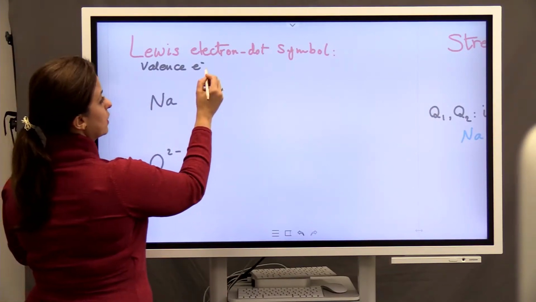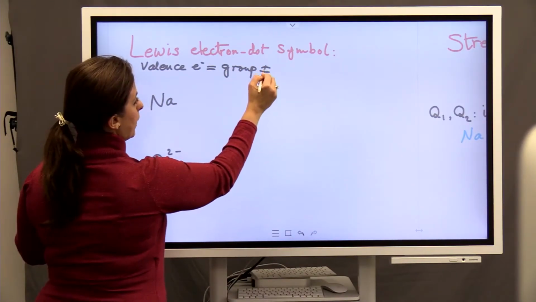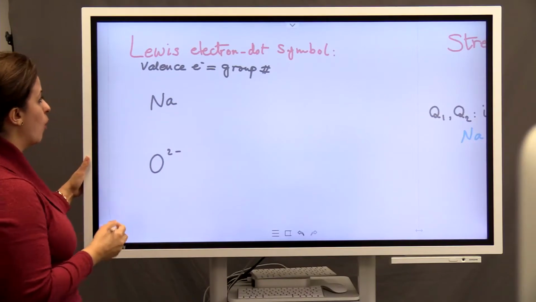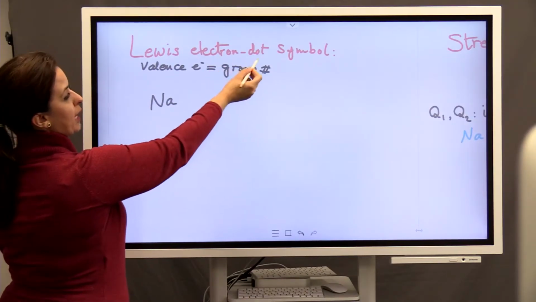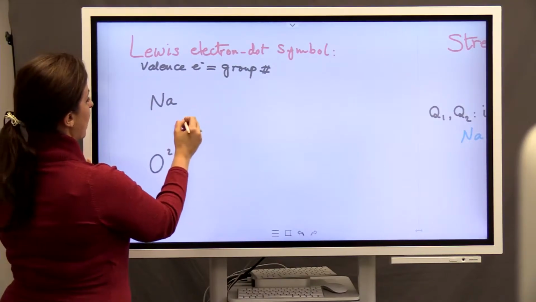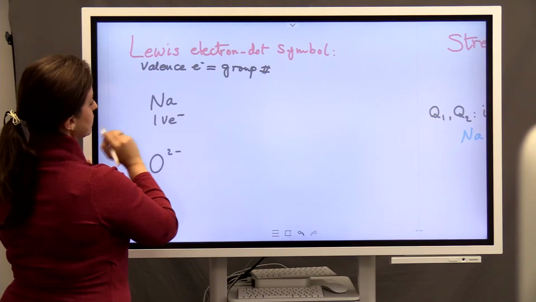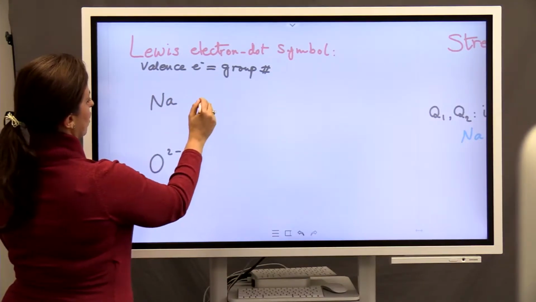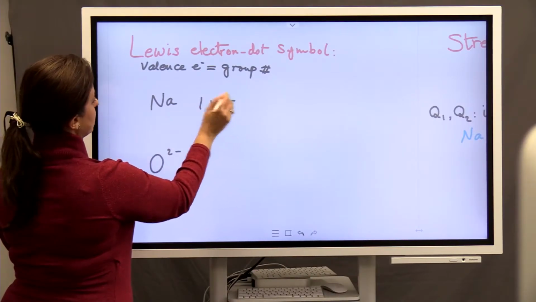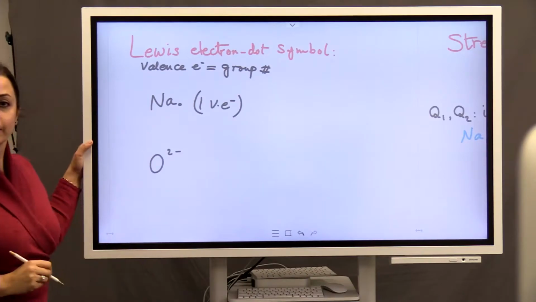Valence electrons equal the group number. So for sodium, which is in group 1, we have one valence electron, and we show it as a dot on one side of the symbol.